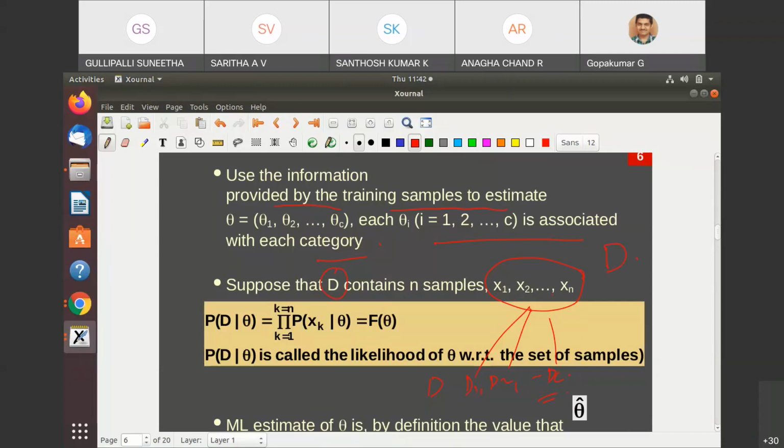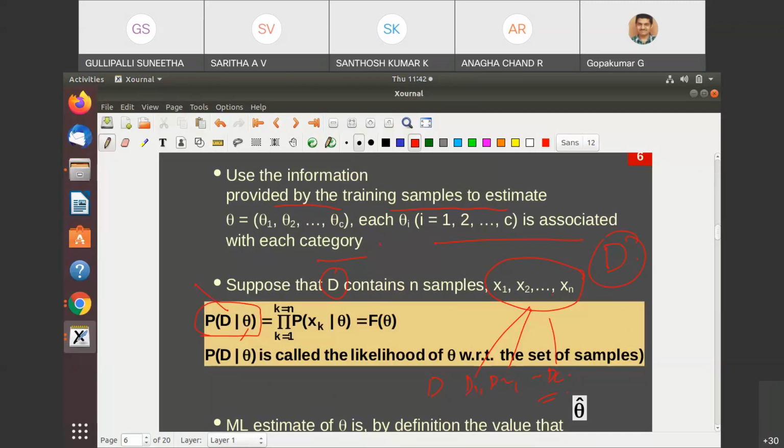If that is the case, how can we define this? We are assuming that theta is given, and then we look at the probability, the likelihood, that theta generated these samples in D. That is what this particular probability represents.